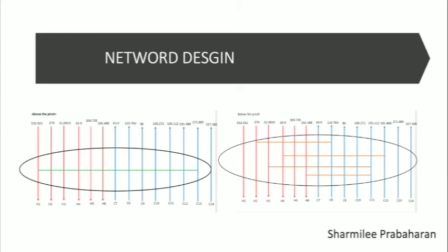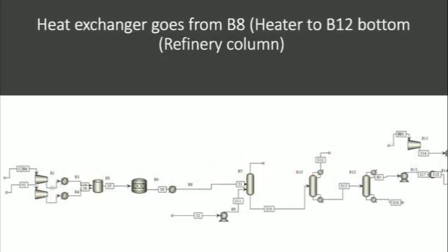And the total energy here are 4,961,277 calories, 110,429 calories, 8,234,578 calories, and 17,285,079 calories, respectively. However, during the actual simulations, the only feasible option for below the pinch was heat integration from heater to refinery column.